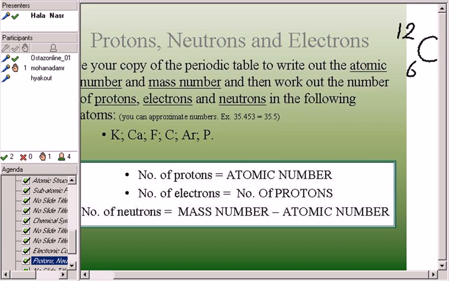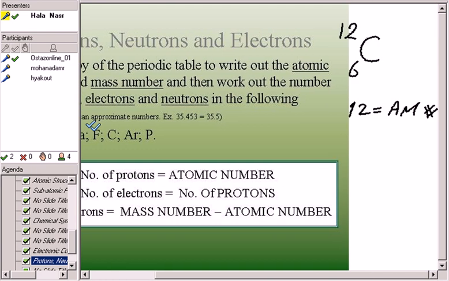Okay, go ahead. 12 is what? Very good. 12 is the atomic mass number. Excellent. Then, what's the atomic number? Very good. 6 is the atomic number.